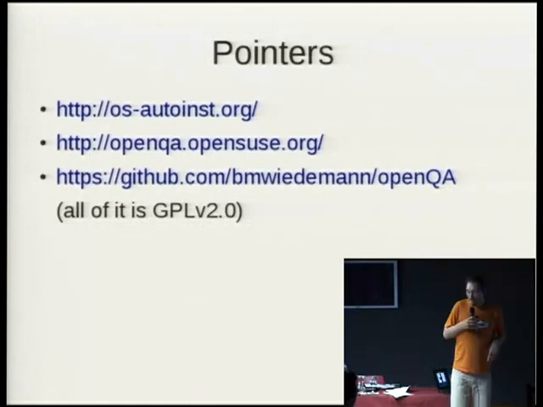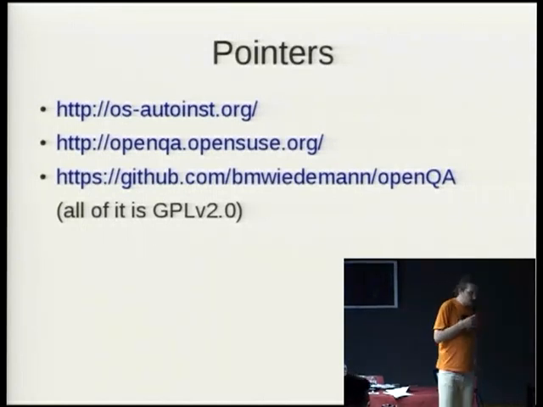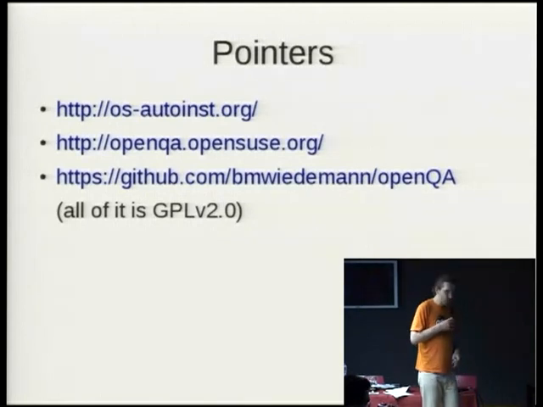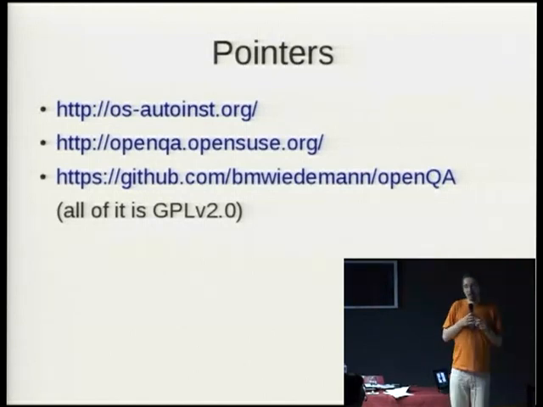So that's the part for the slides. There are some pointers, like the web page for the test backend, which is OS-autoinst, and the front-end page, which is openQA, with a scheduler and the web interface to create the reference images. And the GitHub, where there's all the code.